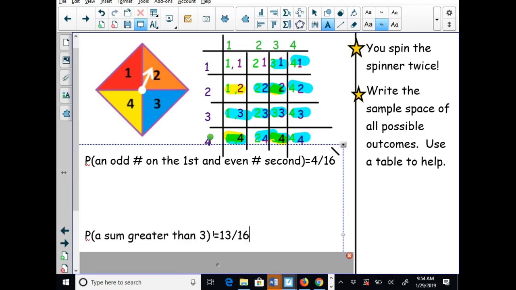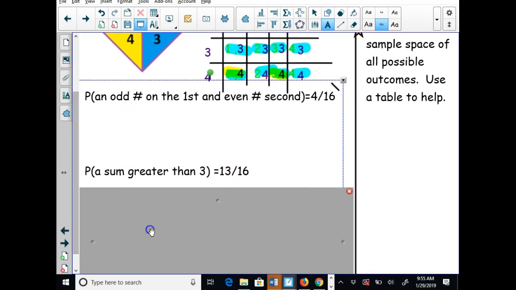Again, you maybe want to use the complement rule, saying, what's the opposite of that? That would be 3 or less, right? So there's 1, 2, 3, minus 16, which is 13 out of 16. If that went over your head, don't worry about it. Just know, I need to know a sum greater than 3. I highlighted that in blue. I counted it all up, divided by my total outcome, 16, and I can leave my answer just like that.